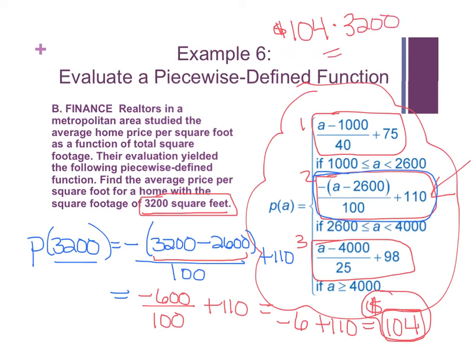We're looking at a price of $332,800 for a house whose price per square foot is 104, and there's 3,200 square feet.